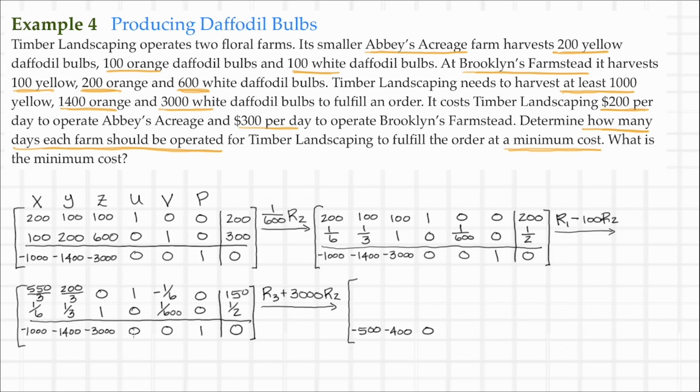0, 0, and 0. 1 over 600 times 3,000 is 5, and 0 plus 5 is 5. 0, 0, and we can bring down our 1. Put in the vertical bar. 1/2 times 3,000, that's 1,500. And 0 plus 1,500 is 1,500. And close off our bracket.